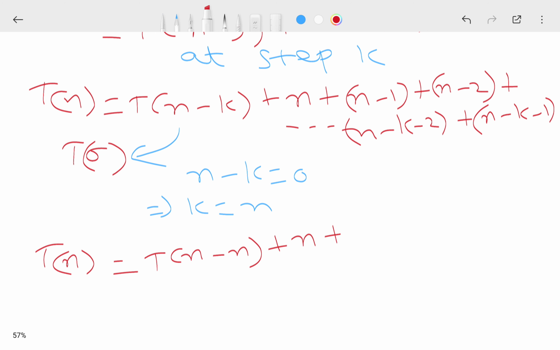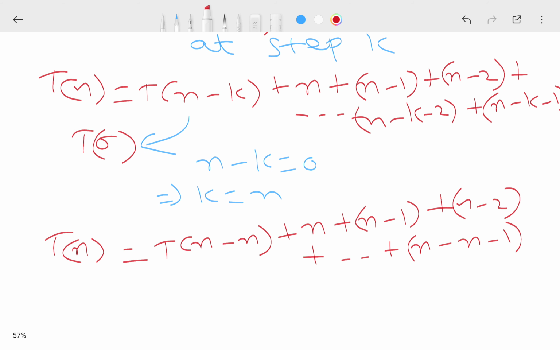So n plus n minus 1 plus n minus 2 plus, so up to n minus 1.